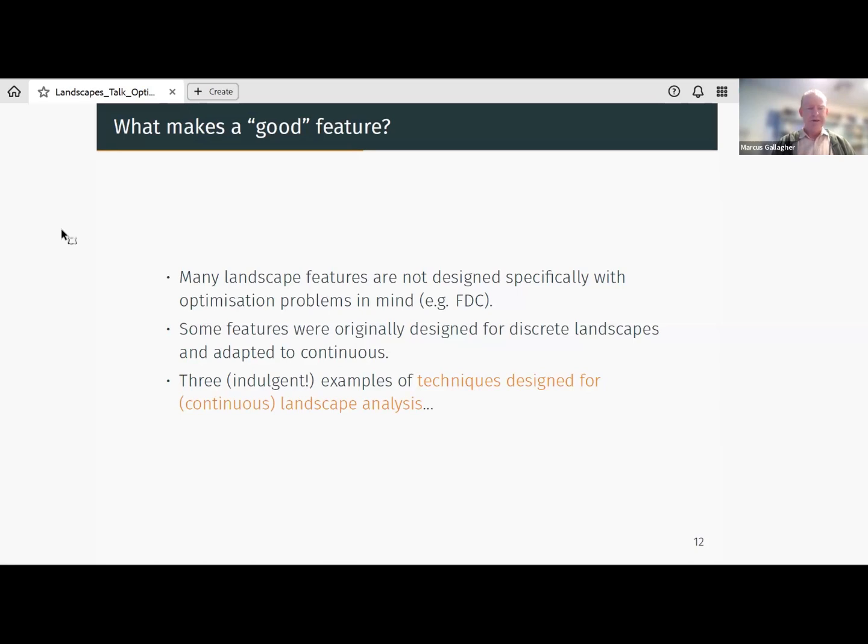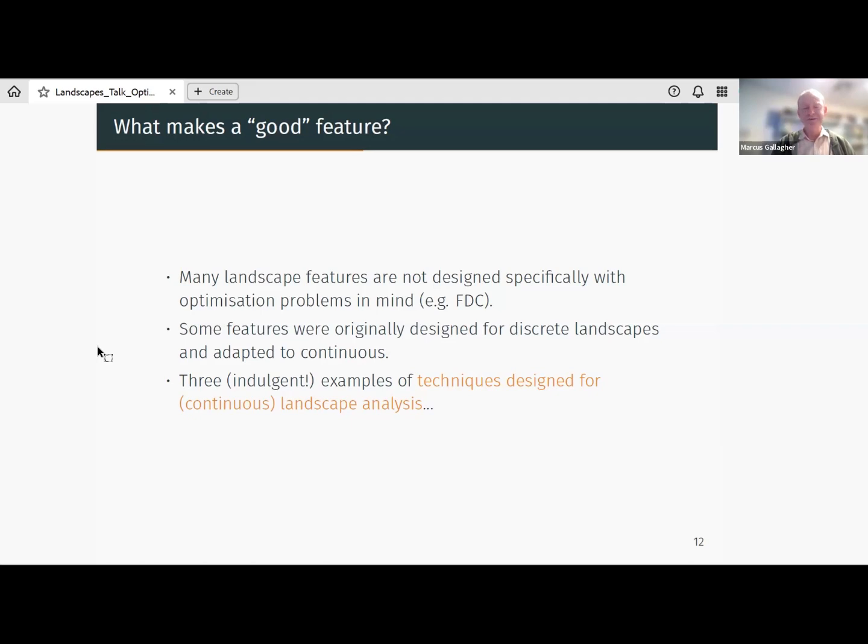So this is a lot of the stuff that's happened in the field, but I want to talk about three specific examples of techniques that were proposed to do landscape analysis, by myself and students.